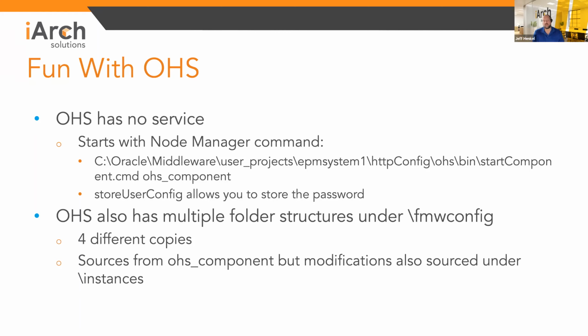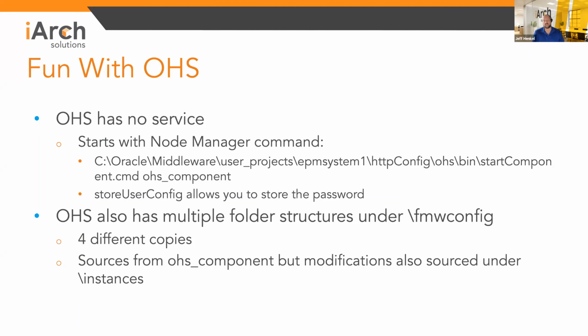And so essentially the way around this is to write a script, a command line script, batch script, that you can either call as part of your other scripts or can run manually to start OHS. Now, there's one more wrinkle here, and that wrinkle is this will prompt you for the WebLogic admin server password, because that's what it's connecting to start it.